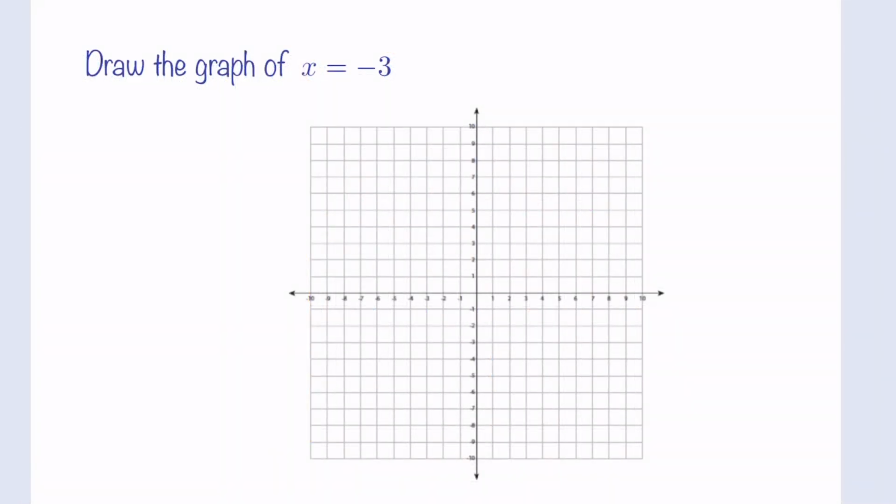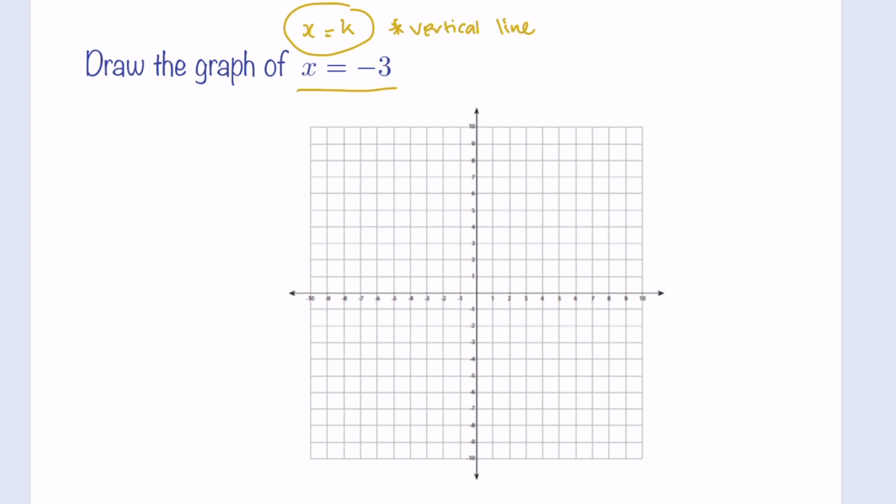Here's the last question for today. Draw the graph of x equals -3. Now we know that x equaling k will give us a vertical line. And we'll see if this is true. We first need to come up with a couple of points, and the x coordinate has to be -3 for all of them.